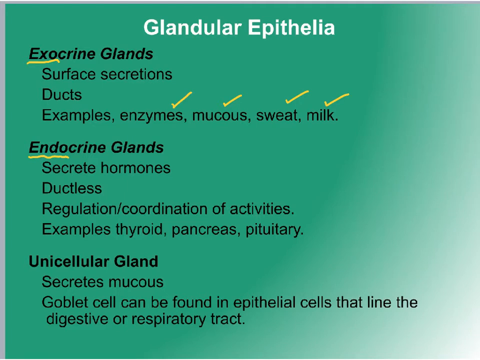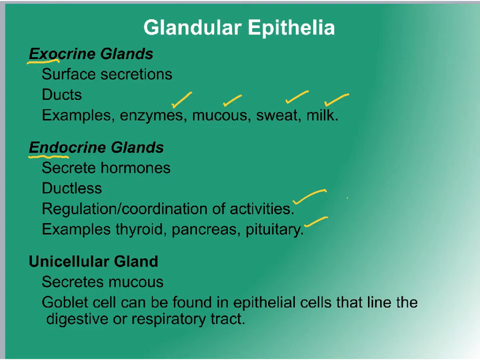So in that respect, these hormones are going to regulate and coordinate activities elsewhere in the body. I'll just give you the example of the pituitary gland, for instance. It's a gland that's found at the inferior base of the brain, and it secretes its product into the bloodstream and then acts on tissues in other areas of the body.